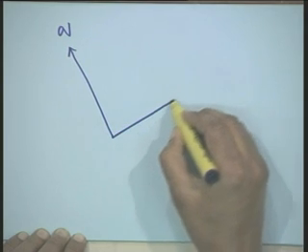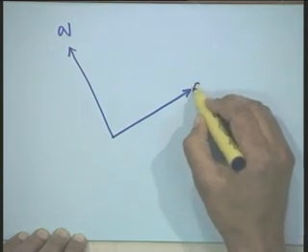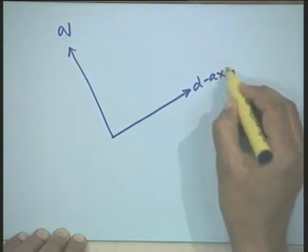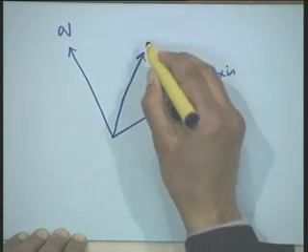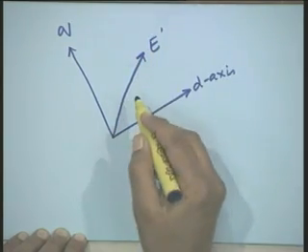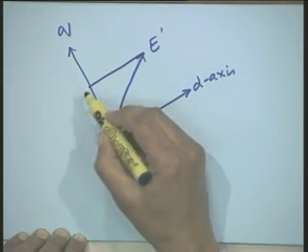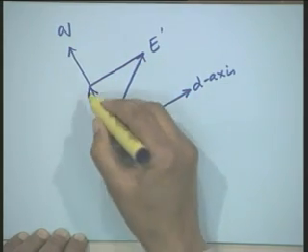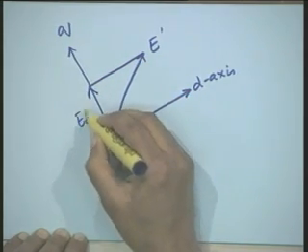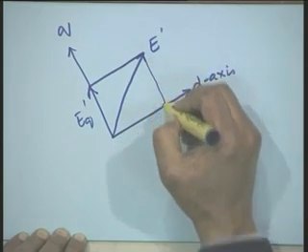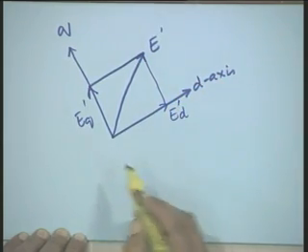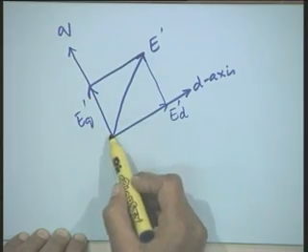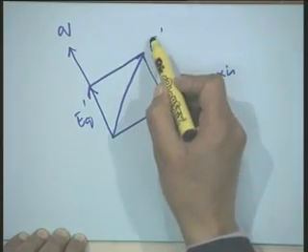This will become the d axis. Let us say this is our E prime. This quantity is going to be E q prime, this is going to be your E d prime. Now, if E q prime is constant and E d prime is constant, E prime is constant.